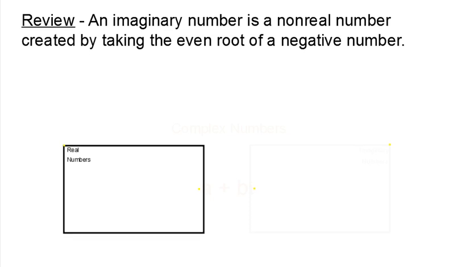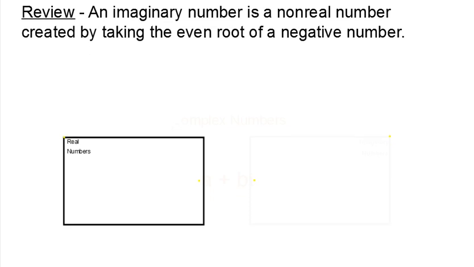So inside the real number system we had numbers like 5. I can count to 5. And we had numbers like the square root of 7. And some like 2/3, or 0, or negative 9. These are real numbers, right?